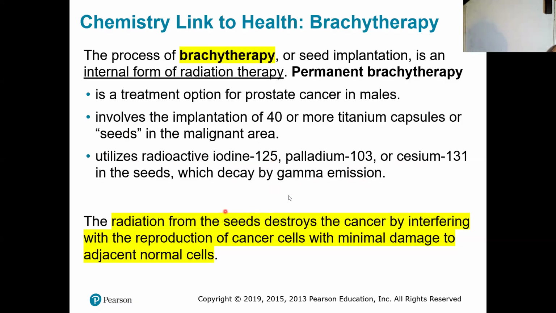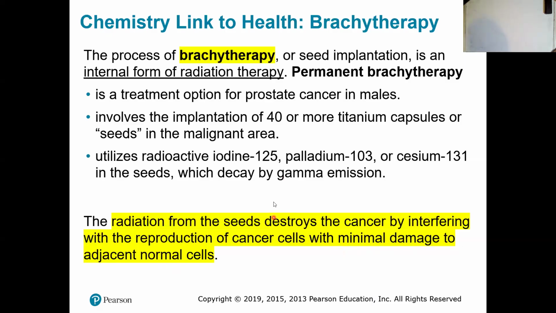Okay. And the radiation that's emitted from that decay process is going to destroy the cancer cells that are around the seeded areas. So they're not going to be able to reproduce and form more cancer cells. But at the same time, it's not going to do very much damage to the other normal cells that are around them. It's very deadly to the cancer cells without interfering too much with your normal cells.